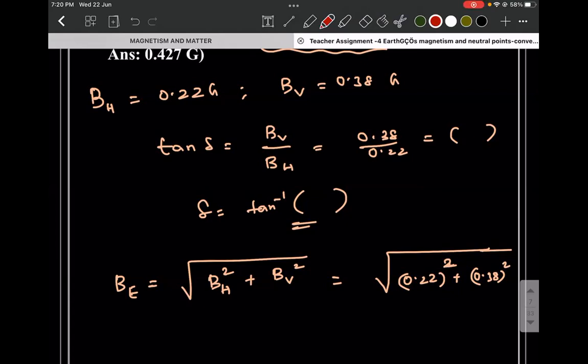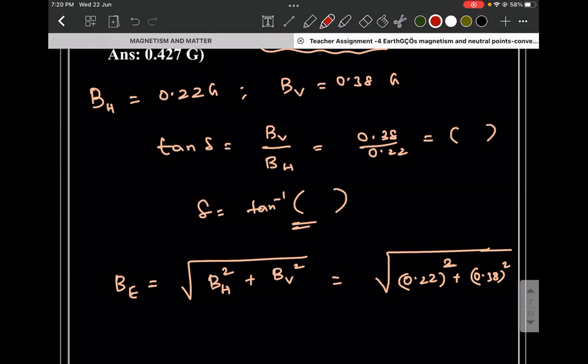Okay. So this is all about Earth's magnetism and the overall chapter.